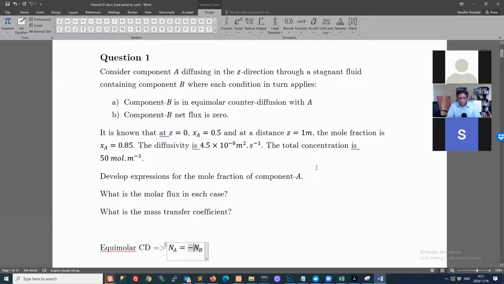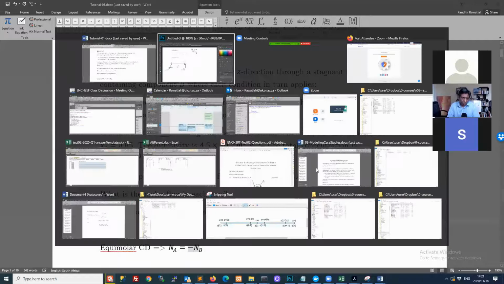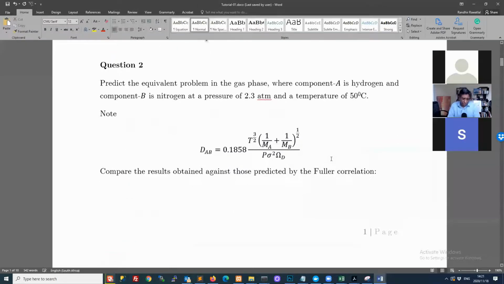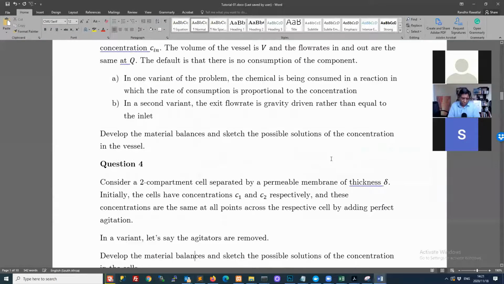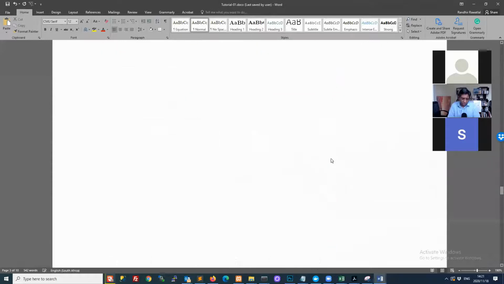Well, if you followed the video lectures that are posted on YouTube, I, at some length, derived the molar flux of component A. So I'm just going to look at it in my solution here.